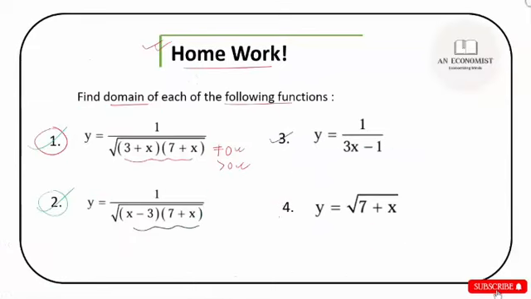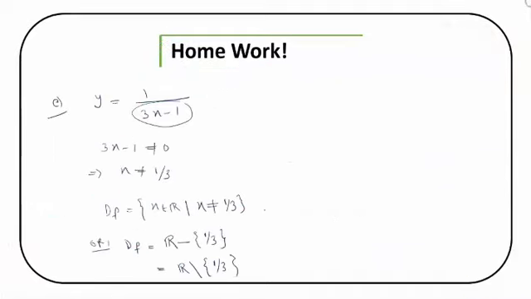Now the final question says y is root over 7 plus x. So this thing should be greater than or equal to 0. It is in the numerator, so there is no need for making it strictly greater than 0. It can take the value 0. It has to be non-negative. So x is greater than or equal to minus 7.